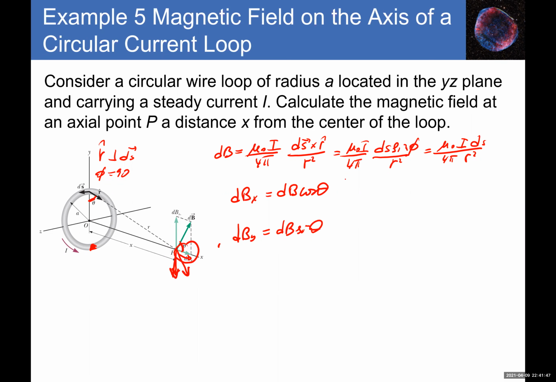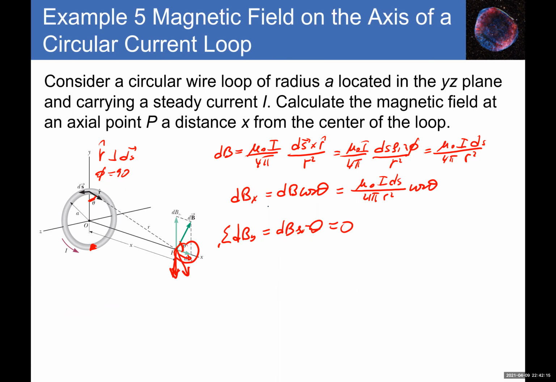If I add up all the vectors in the y direction, I'm going to get 0 due to symmetry. That means the only surviving one is the horizontal component of the magnetic field, which equals dB cosine theta, which means mu naught I ds over 4 pi r squared times cosine theta.